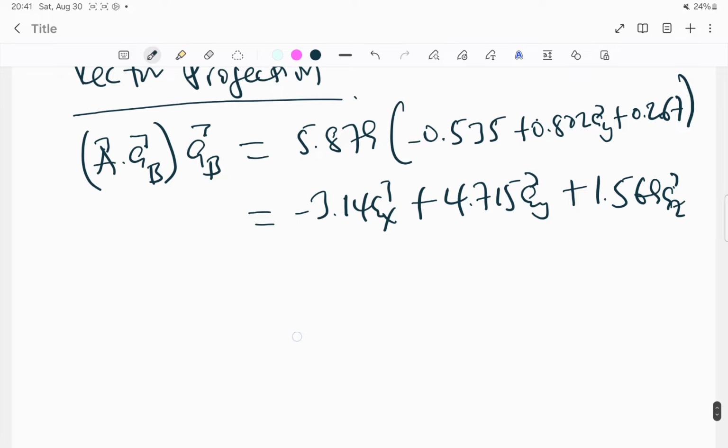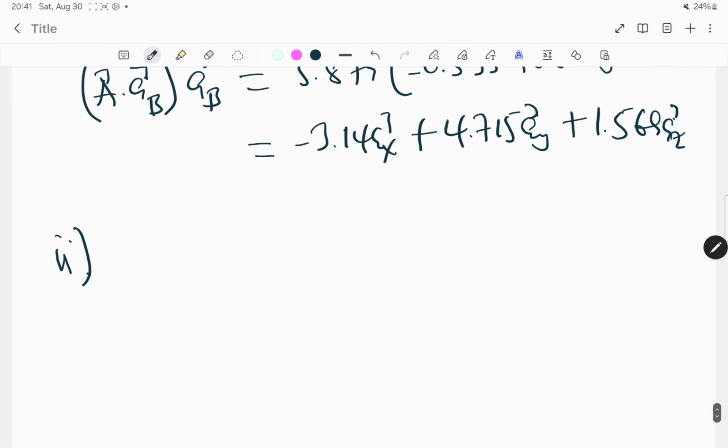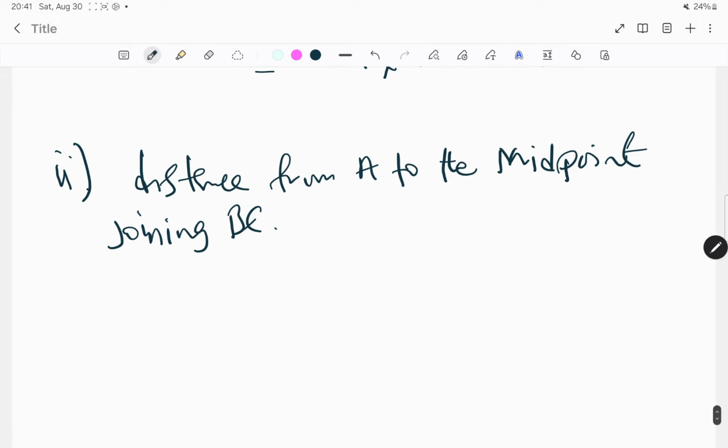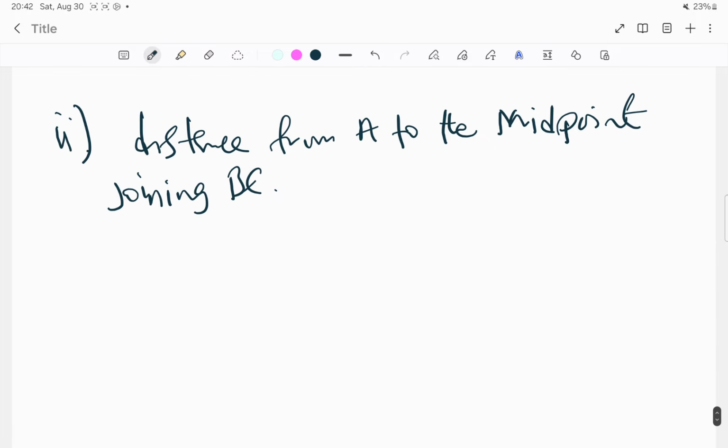So we have to find the distance from A to the midpoint joining BC.